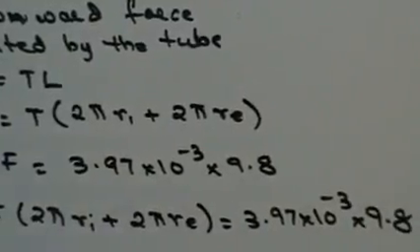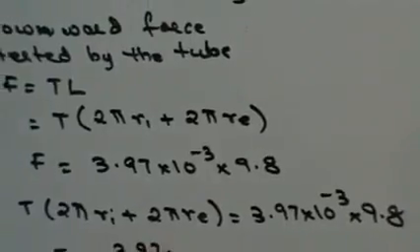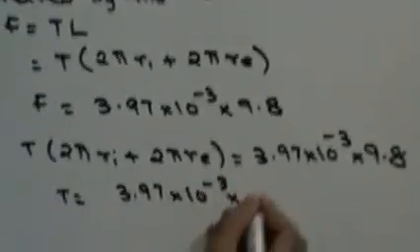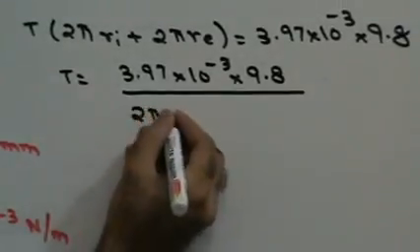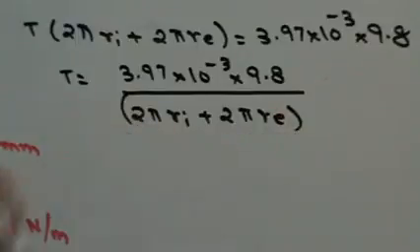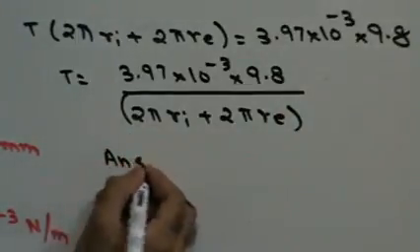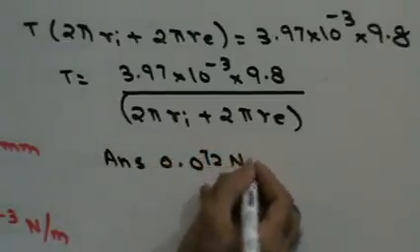So T is equal to 3.97 into 10 raised to minus 3 into 9.8 upon 2 pi Ri plus 2 pi Re. Substitute the values and you should get the answer. The answer to this sum should be 0.072 newtons per meter.